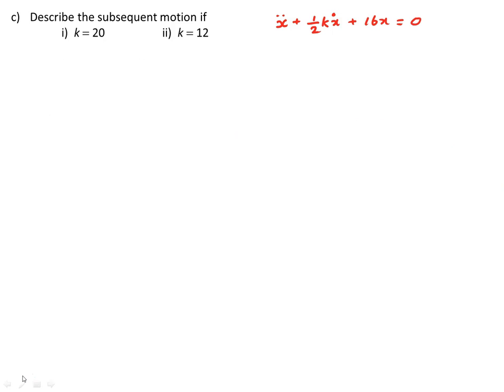If on the other hand we have k equals 12, then the differential equation becomes d2x dt squared plus 6 dx by dt plus 16x equals 0.